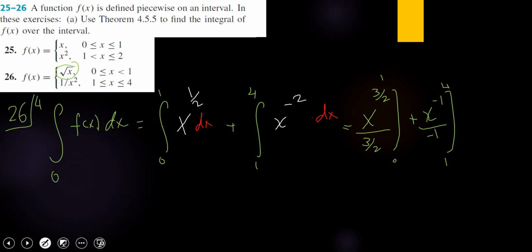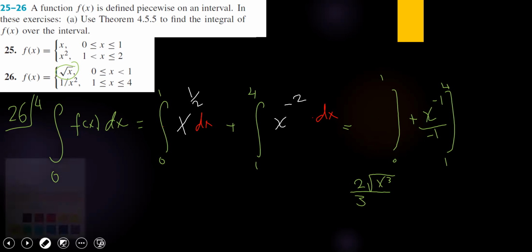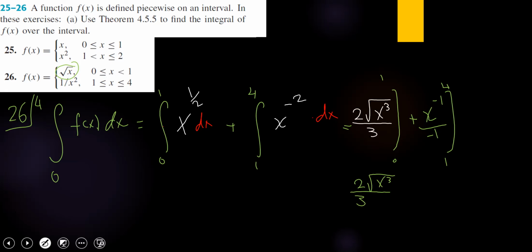So x to the power 3 over 2 over 3 over 2, I can write it as 2 over 3 square root of x cubed. This is for the first one here. So let's write it as 2 square root of x cubed over 3. And the second one here, I can write it as -1 over square root of x.